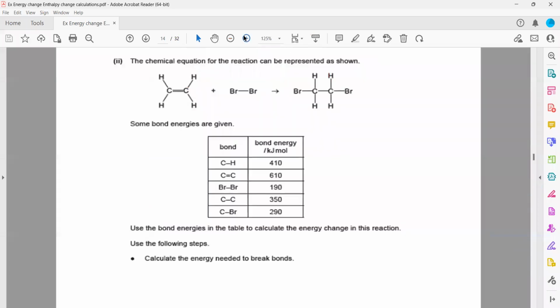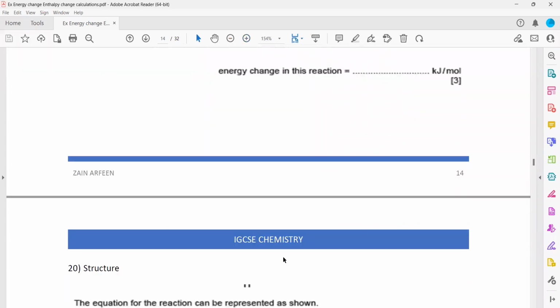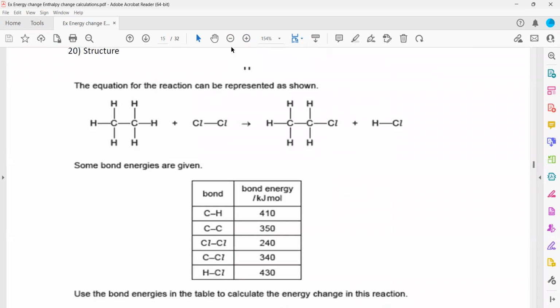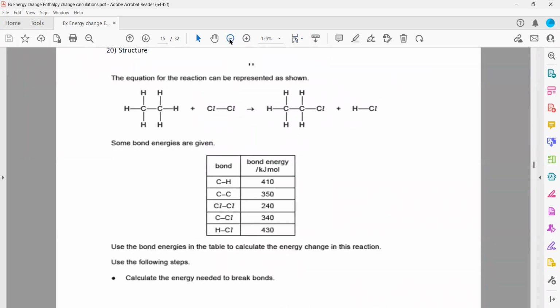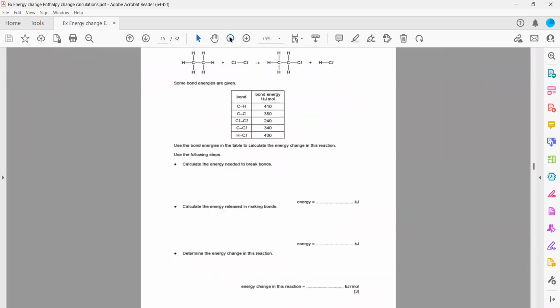Moving on to the next question. The equation for the reaction can be represented. A similar question is there. We need the energy change. You just follow the steps, but the important thing is you should identify the bonds correctly. So always the reactant side is the bond breaking side.